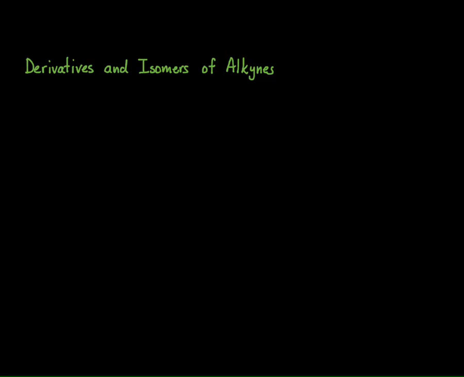Let's now turn our attention to how we name derivatives and isomers of alkynes. Again, we're going to start with the simplest alkyne, acetylene or ethyne, and we're going to substitute one of the hydrogens.